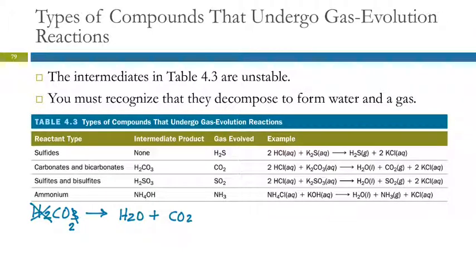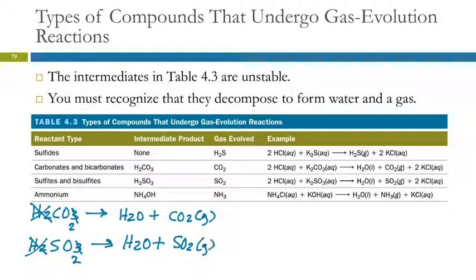I can do the same thing with sulfurous acid. H2SO3 is going to decompose to form water; I get rid of 2 hydrogens and 1 oxygen, leaving SO2. SO2 is a gas. Just have to remember that. So CO2 is a gas, SO2 is a gas.